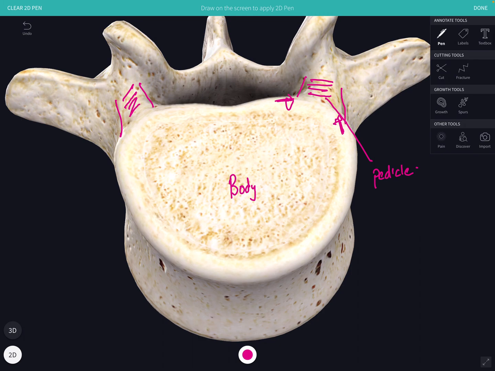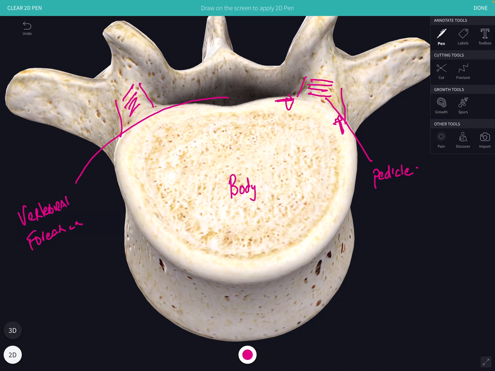And that's the vertebral foramen there, carrying the spinal cord. Now the pedicles are thick and short. The lamina are broad bands of bone which run backwards and medially.